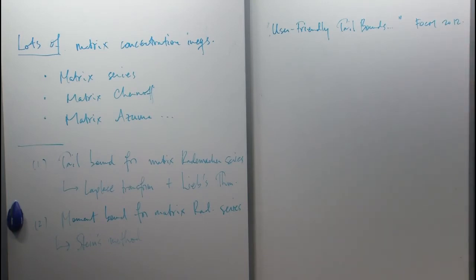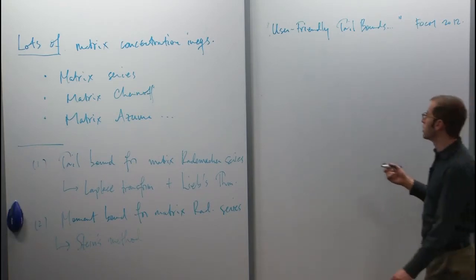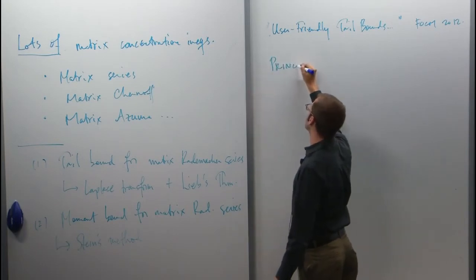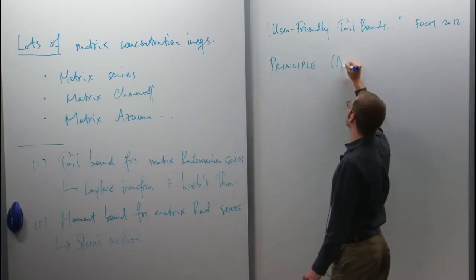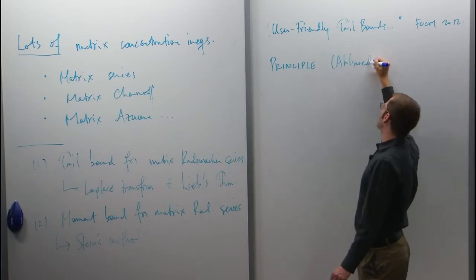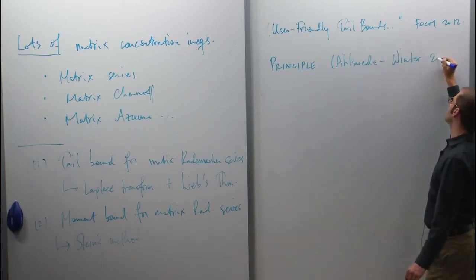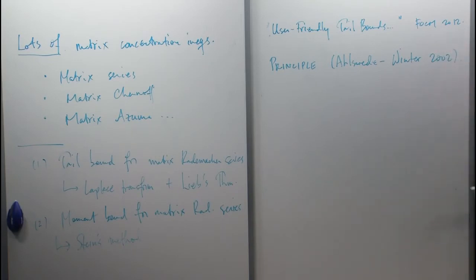Okay, so all of this stuff that I'm telling you about is based on a principle that I think we can attribute to Ahlswede and Winter. And that principle comes from a paper about something that doesn't seem like it has much to do with random matrices. So Ahlswede and Winter are information theorists, and they're interested in the capacity of quantum channels.